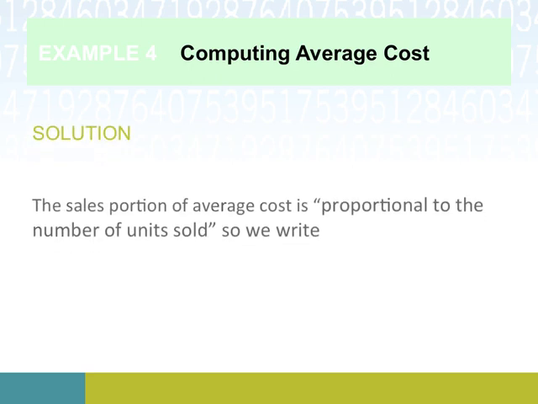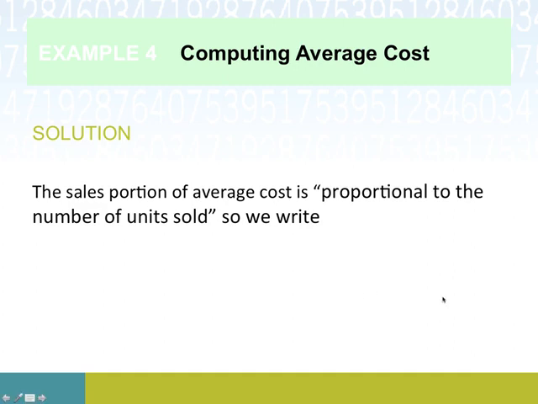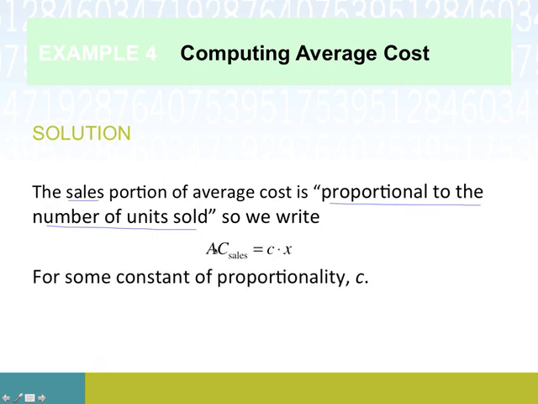So then the other half of this, the sales piece of average cost, we are told is directly proportional to number of units sold. So now we can write the portion of average cost that's due to sales as AC with a little subscript sales.